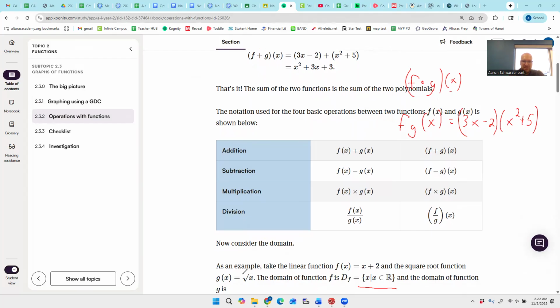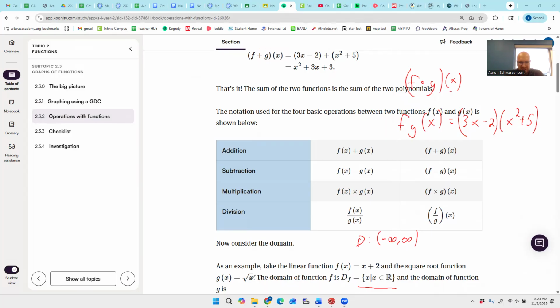That's true for f, right? You can say domain this way, which is what I would use because I like interval notation better. This is called set builder notation. You're allowed to use whichever one you want. It's just important that you can read all of them.